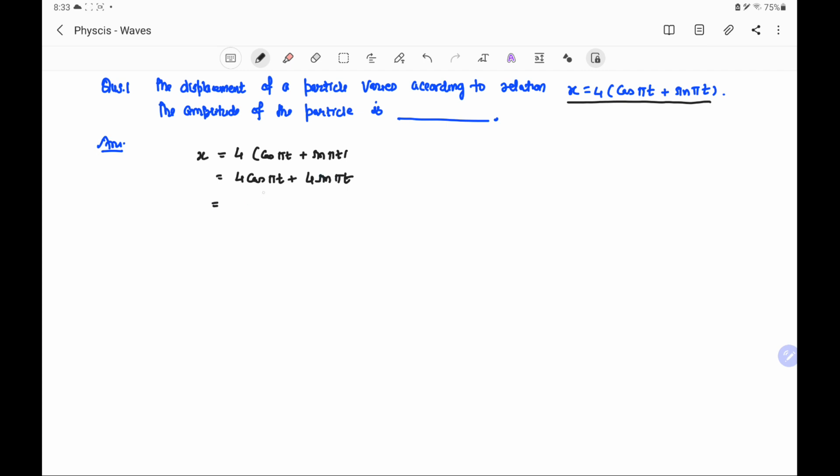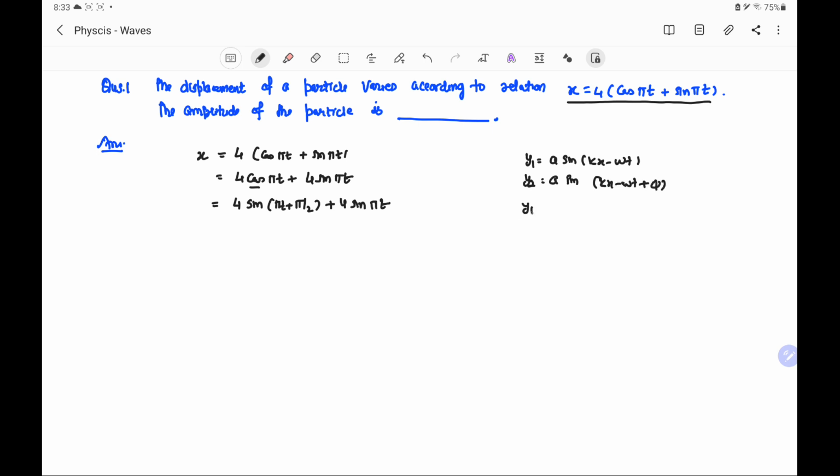If we convert this cos in terms of sine, it will become 4 sin(pi t plus pi by 2) plus 4 sin pi t. Now, as we have done earlier, where we took y1, the first wave, as a sin(kx minus omega t), another wave taken was a sin(kx minus omega t plus phi).